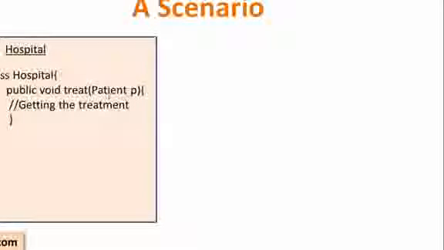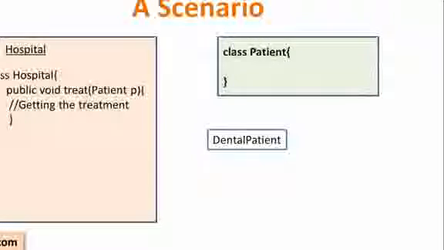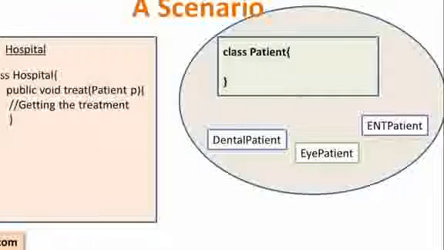Here I have a class Patient, which is a generic patient, and then we have special kinds of patients called dental patients with certain problems, eye patients and ENT patients. So all these patients extend the Patient class, and these object types can be easily passed to this one, because the patient can refer to these objects.